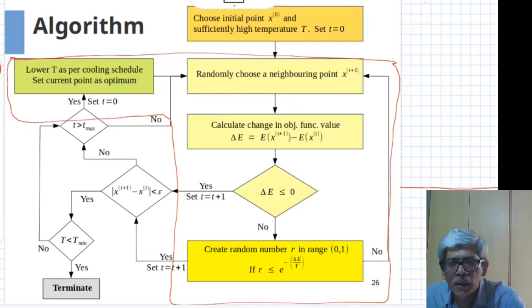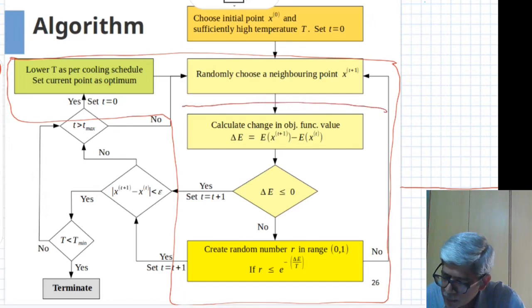The second part is the core or heart of this particular algorithm. Whenever you set a particular temperature, at that temperature you keep on searching within your search space and you find a number of random points. Whether to select the random point or to reject that point is decided by an inner loop.